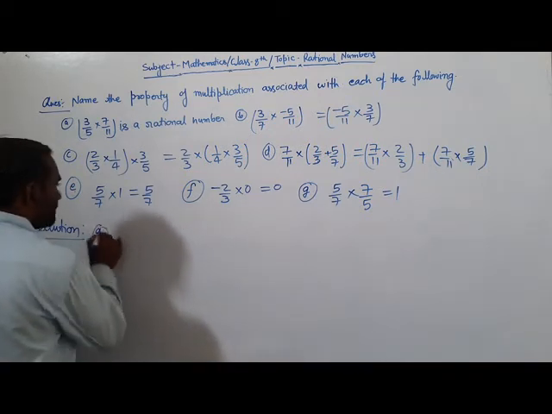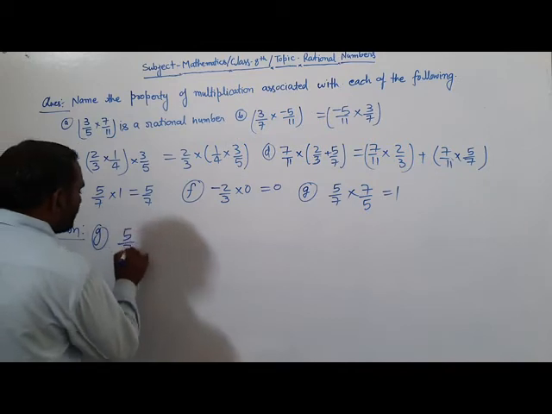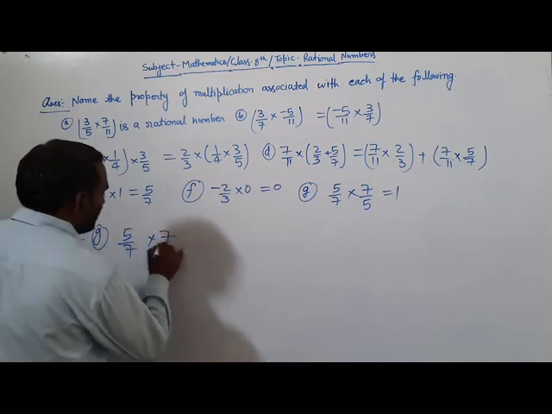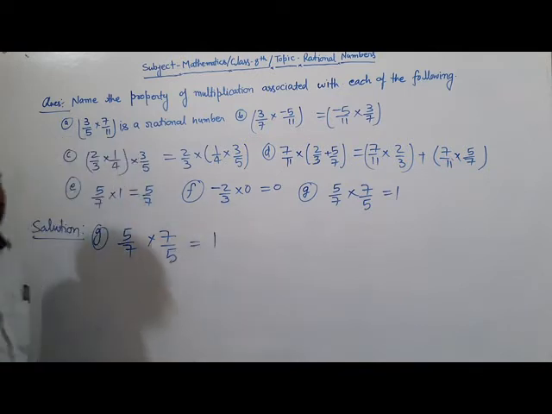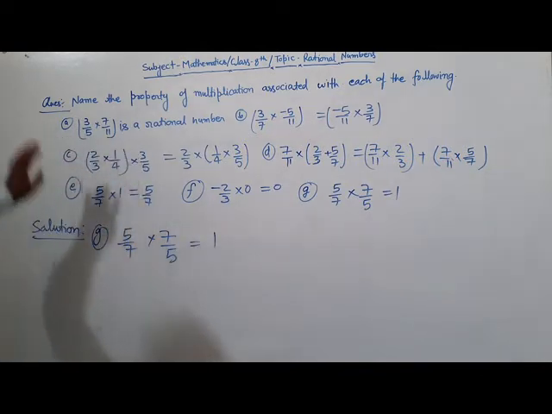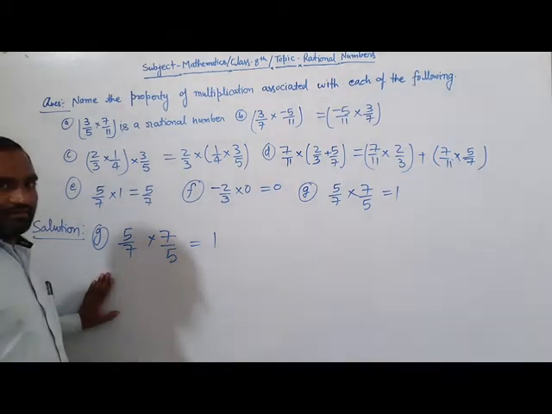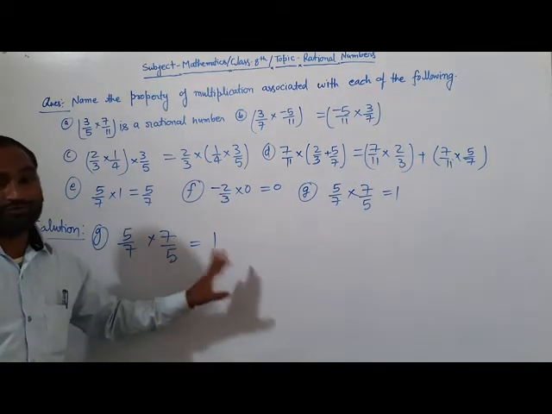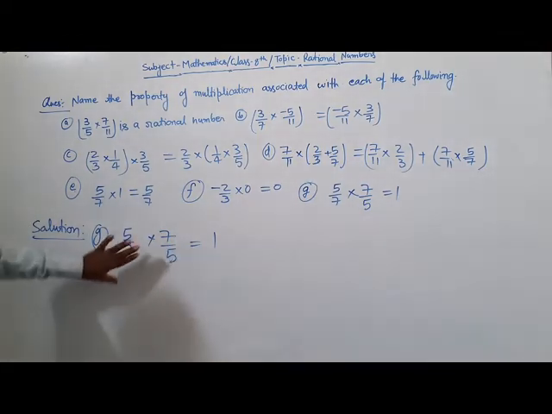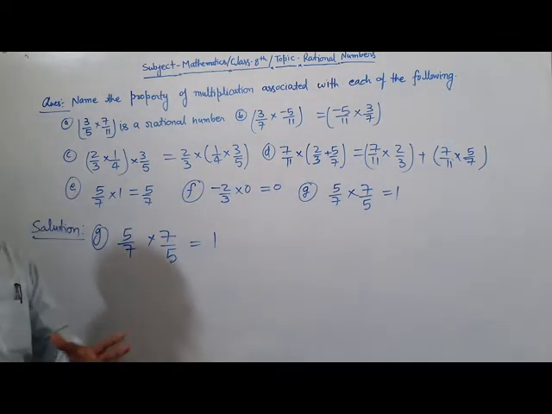G. 5 by 7 into 7 by 5 is equal to 1. Inverse, reciprocal.